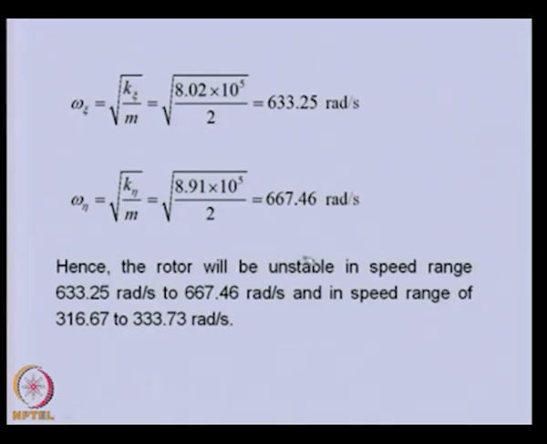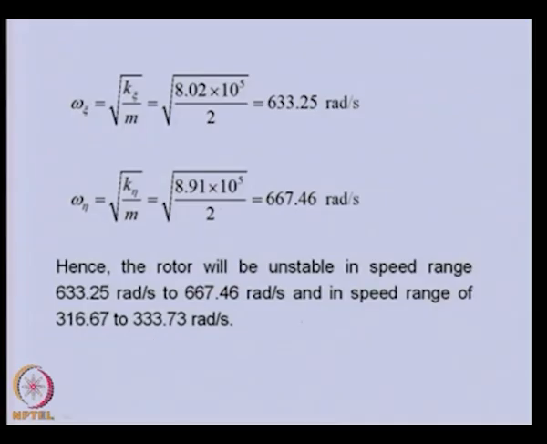So one band of unstable operation will be from here to here, and another one, because of twice the speed of the whirl frequency due to the asymmetric nature of the shaft stiffness, half of this, that means this will be an additional zone where the system will be unstable.